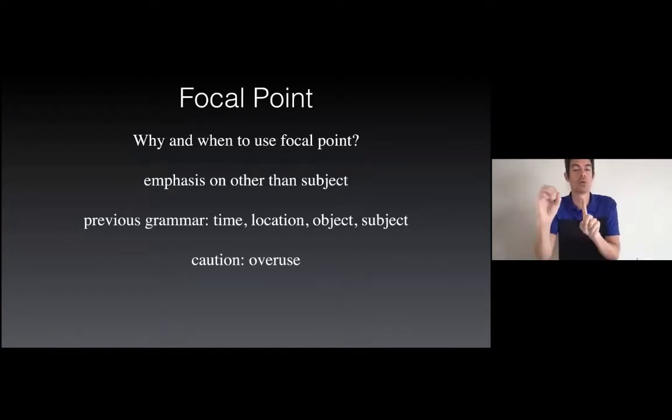So the subject reacts to an object. So typically in grammar, we're taught to follow time, location, object, and subject, because it's easy to explain. First, you have your time for when, and then your 3D space and your setting, what started first. But in actual ASL use, it really doesn't matter. The focal point is what's important.